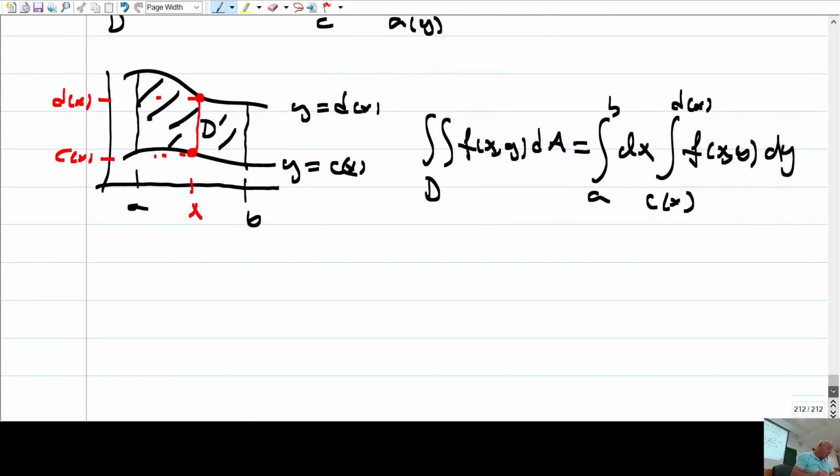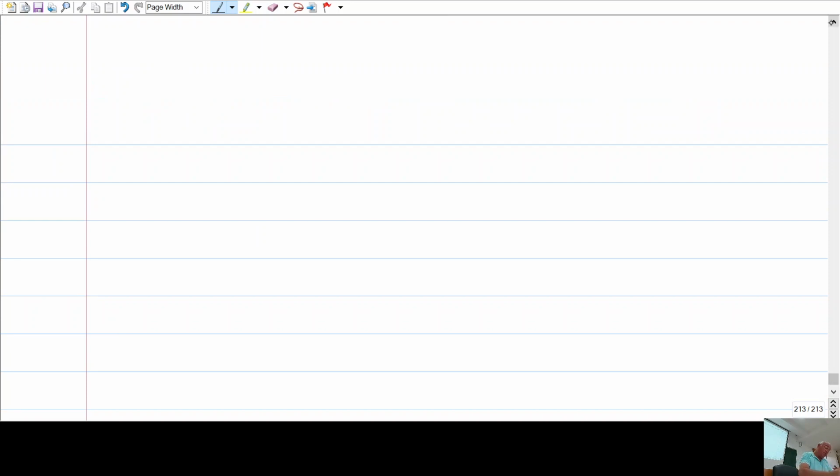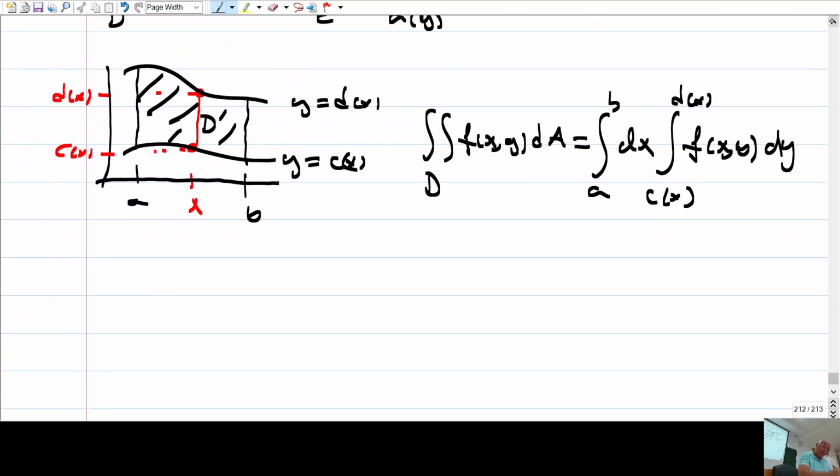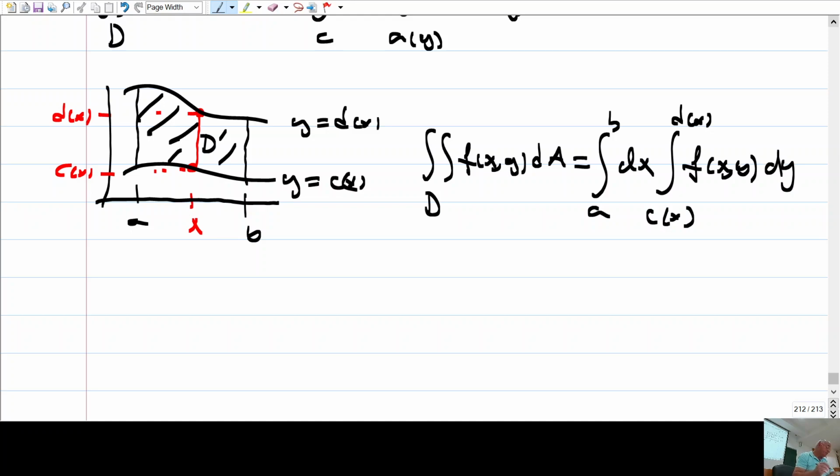All right. Now let's do some examples. Maybe before the example, notation.